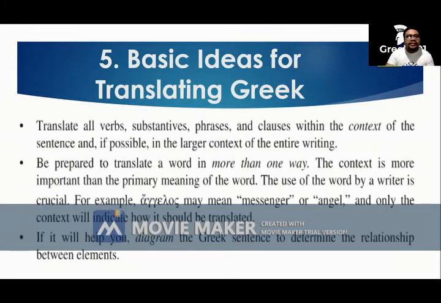Right? Next one is you translate all verbs, substantives, phrases, and clauses within the context of the sentence, and if possible, in the larger context of the entire writing. So as we can see earlier, there are words that have different meanings. For example, in English, we have idioms. For example, I have butterflies in my stomach.